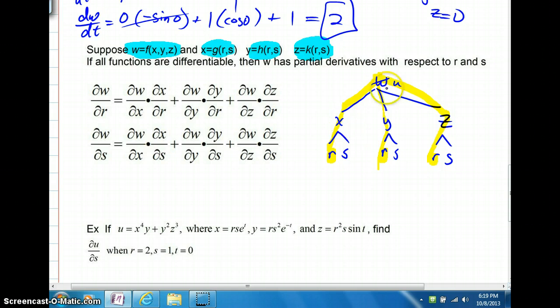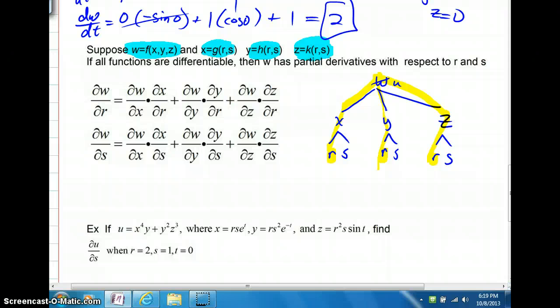This little chart here, w or u as I wrote for this last problem, is a function of x, y, and z, but x is a function of r and s, y is r and s, and z is a function of r and s as well. If I'd like to take a derivative of w now, of course ultimately the two independent variables are r and s, so we could either take the partial derivative of w with respect to r, or we could take it with s.